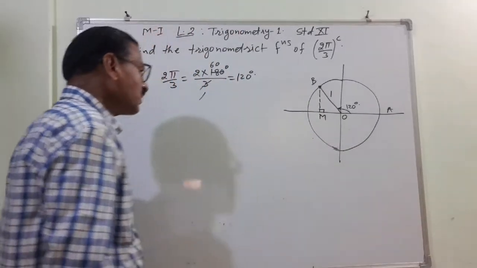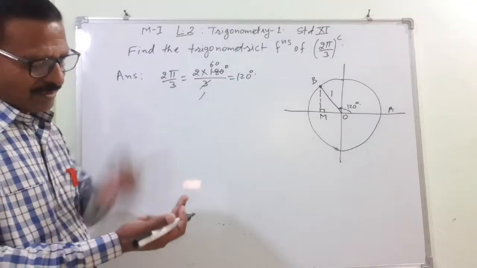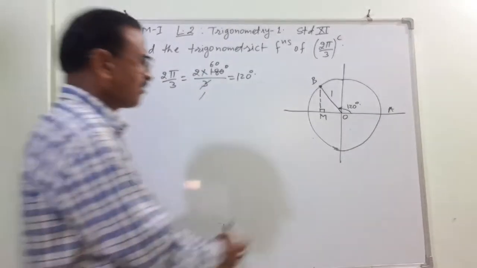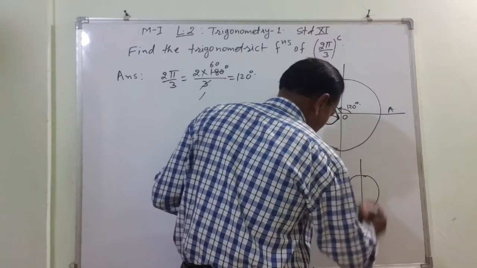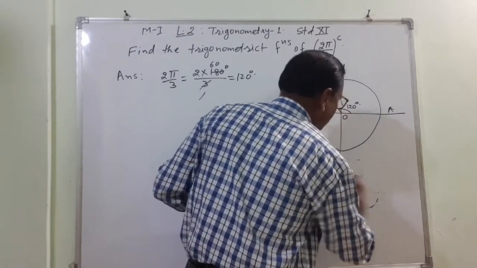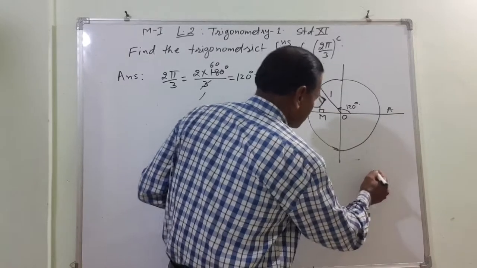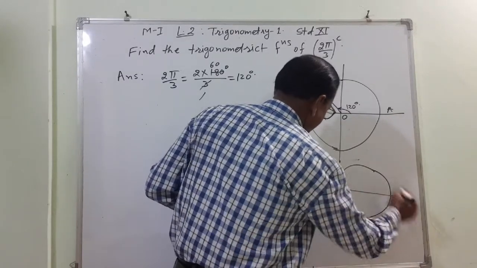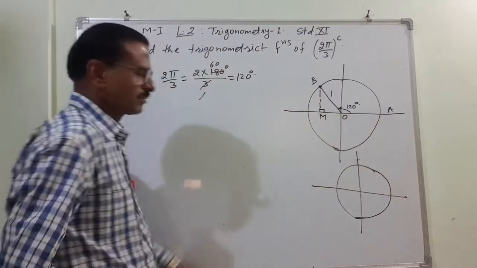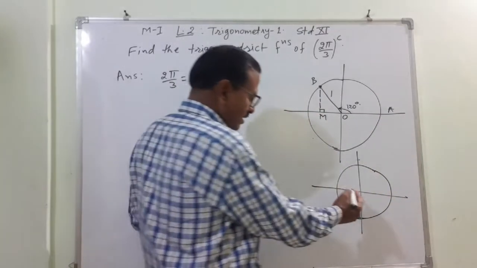Okay. Now, what is meant by sine and what is meant by cos? That we will find from this unit circle. I will draw some bigger circle so that in the video you can see it properly. Here I am taking this, the first quadrant.